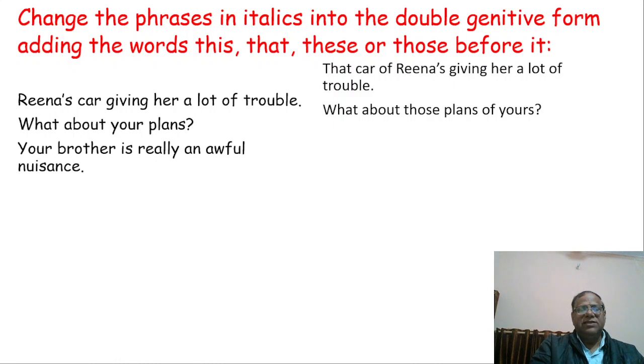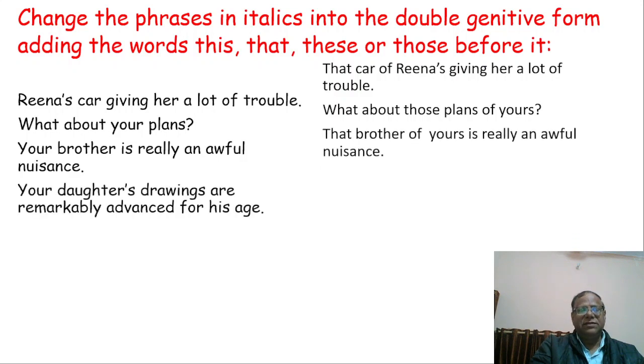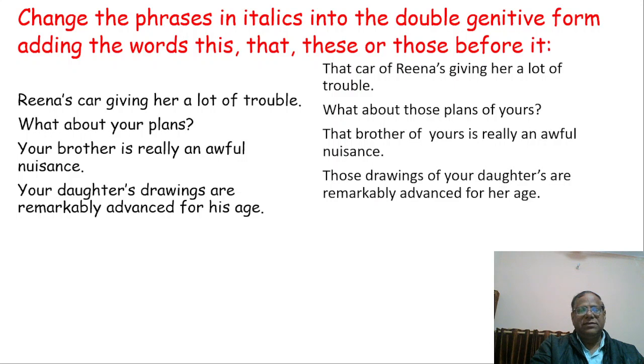Your brother is really an awful nuisance. That brother of yours is really an awful nuisance. Your daughter's drawings are remarkably advanced for her age. Those drawings of your daughter's are remarkably advanced for her age.